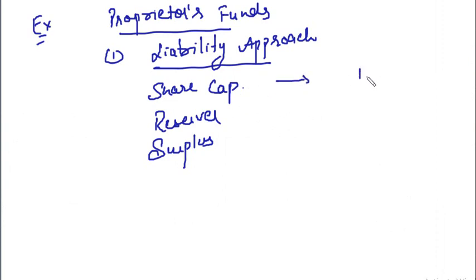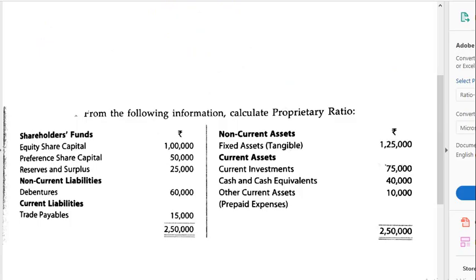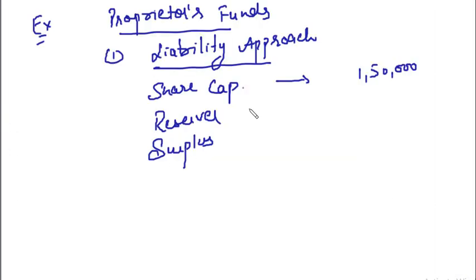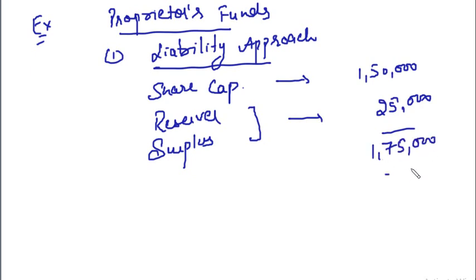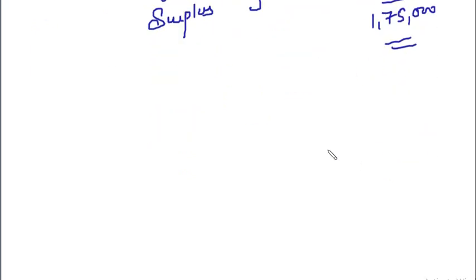Share capital is 1,50,000. What are reserves? We have reserves and surplus of 25,000. So we are given this combined as 25,000. So what are the total proprietors' funds? 1,75,000.